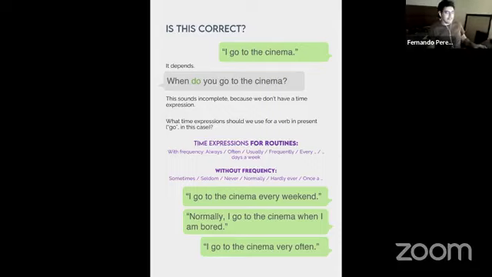What happened in these structures? Check this out. The auxiliary do matches with this context.